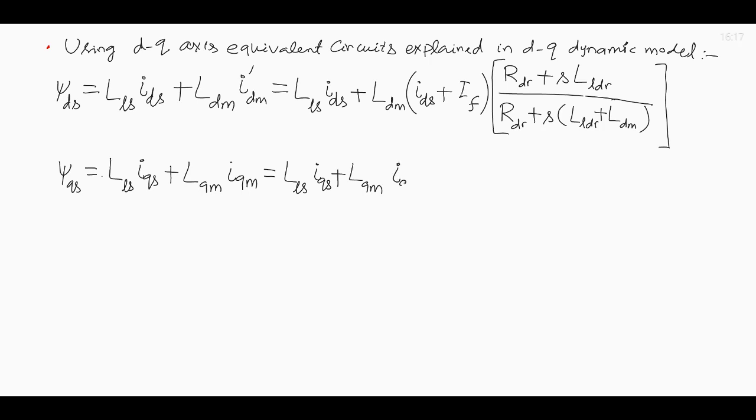IQS current, according to the current division principle, IQS into RQR plus S LLQR. During the transient period, this inductance is active, divided by RQR plus S into LQR plus LQM.